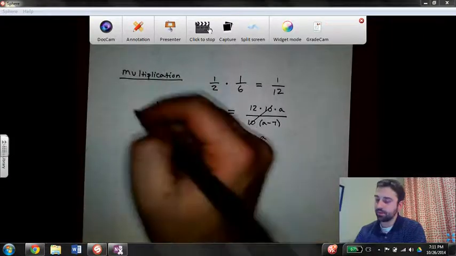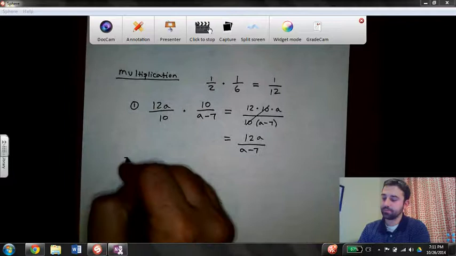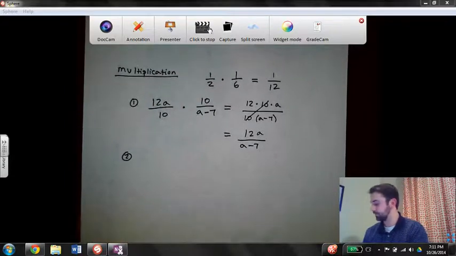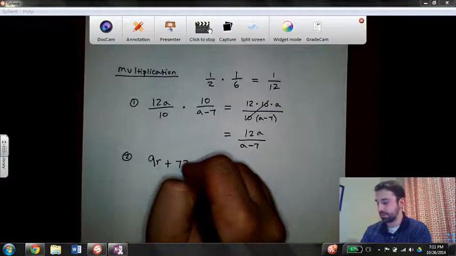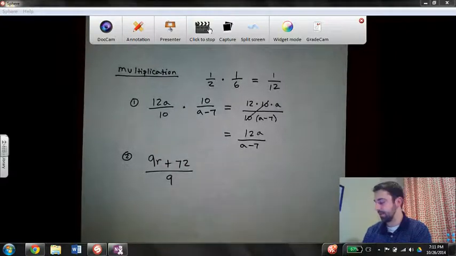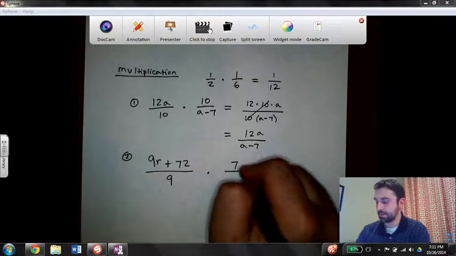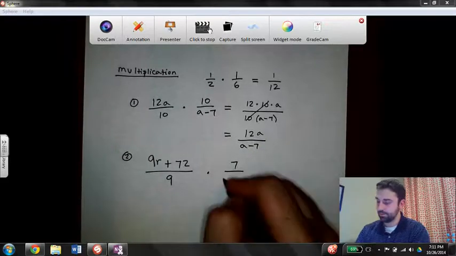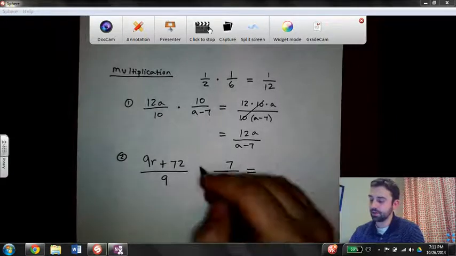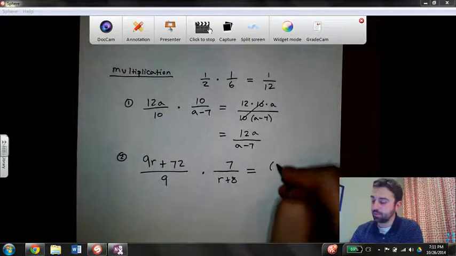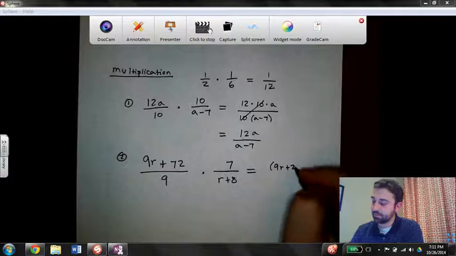So now let's look at another one. 9r plus 72 divided by 9 times 7 divided by r plus 8. Once again, I'm just going to multiply straight across, but I'm going to write it as a list of factors.